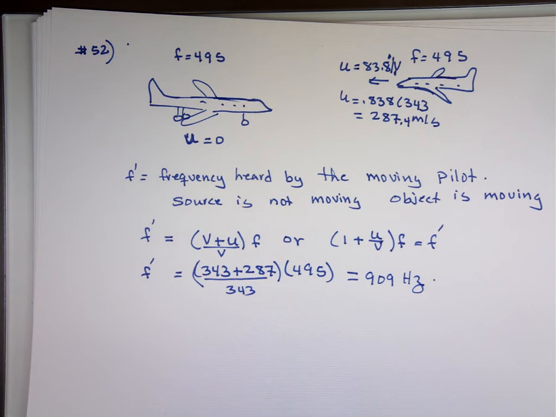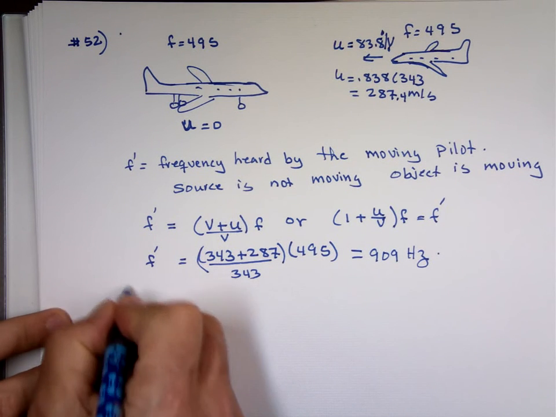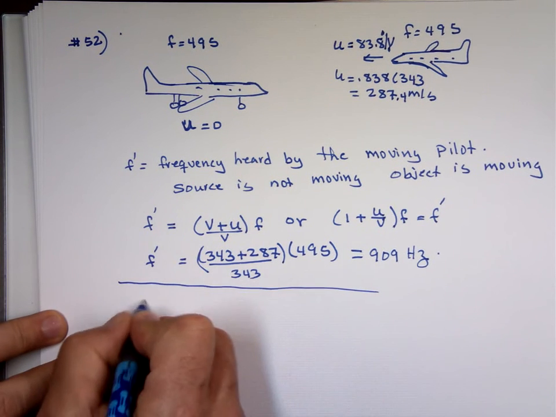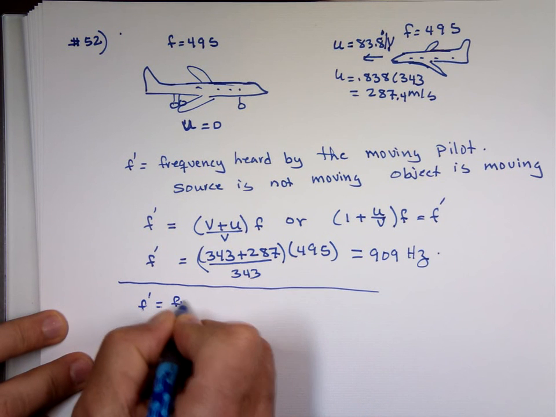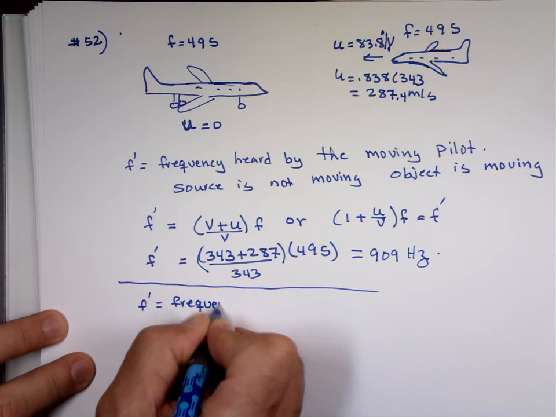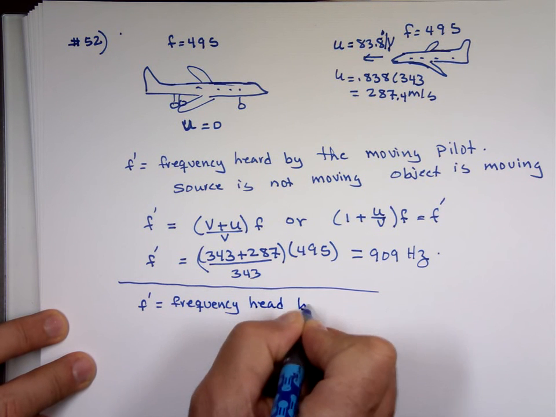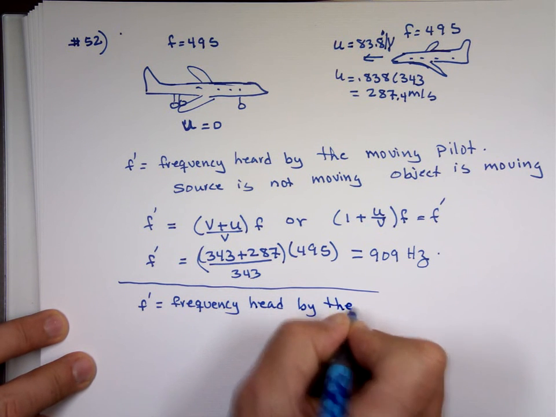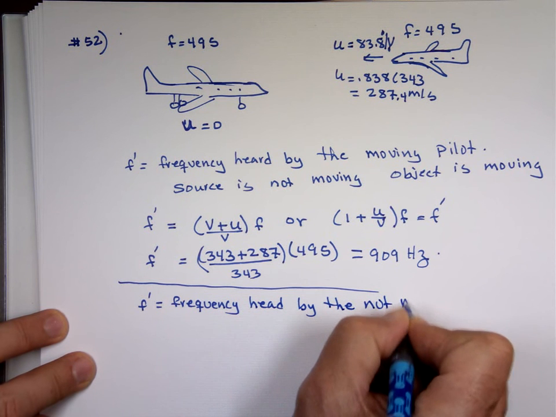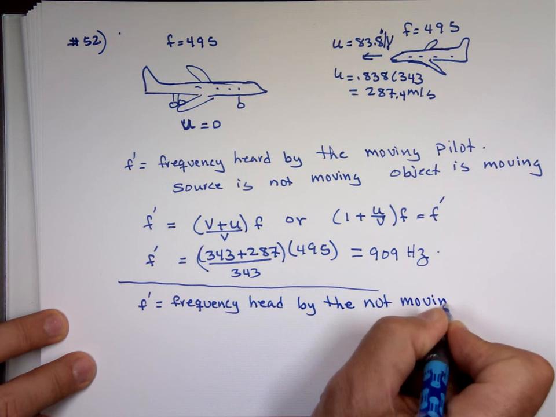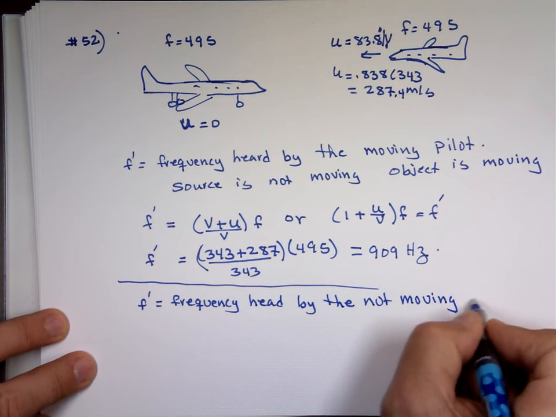Now the second part, the frequency heard by the pilot of the stationary jet. The pilot on the ground is not moving.